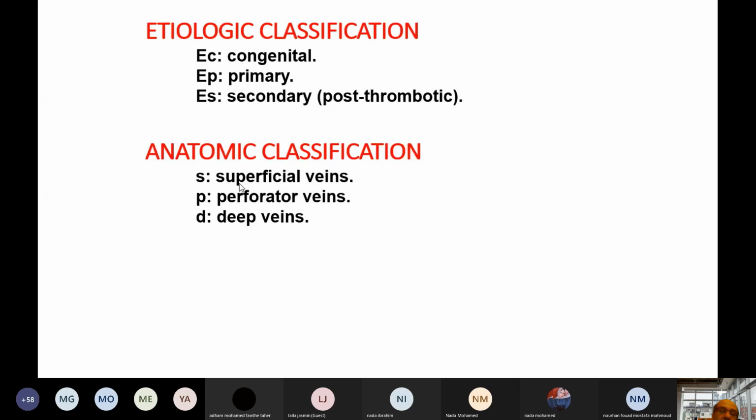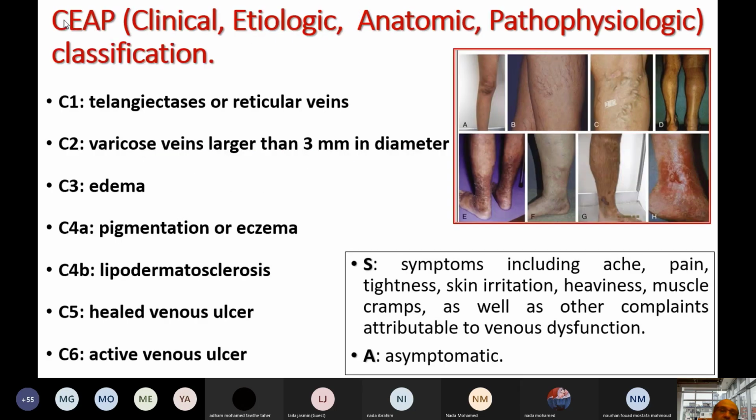Also, anatomical classification. If the patient has affection of superficial veins, it is AS. If perforating vein, it's P, and D for deep vein. So whenever you see a patient, you have to say my patient, according to CEAP classification, has C6. This means that I have an active ulcer.